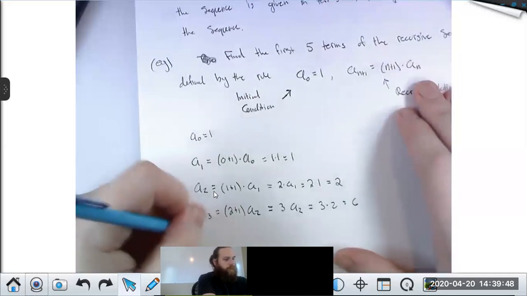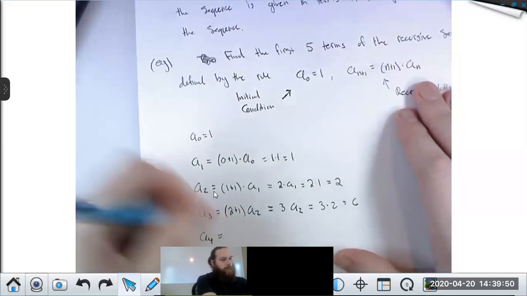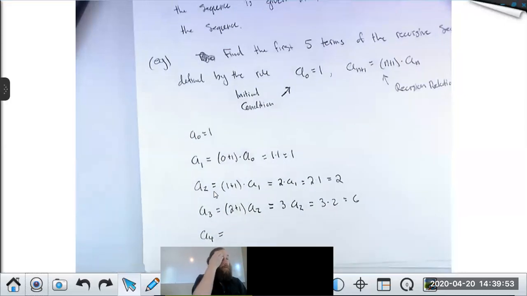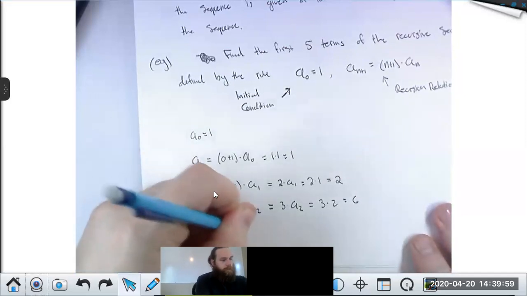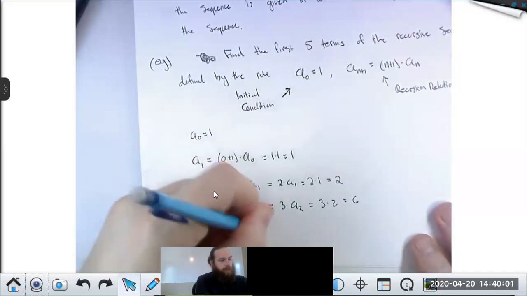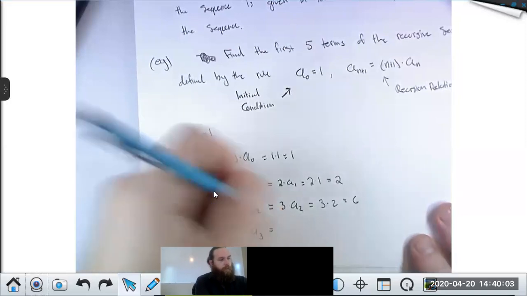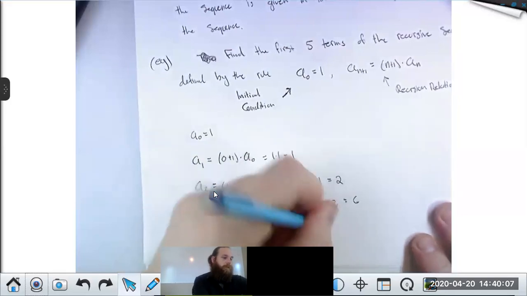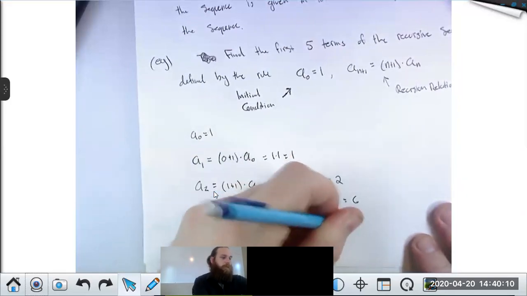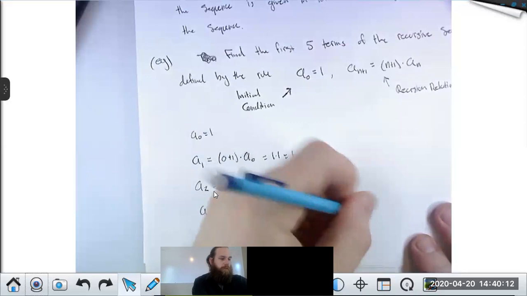And a4, I was asked to find the first 5 terms, so a0 through a4, that's the first 5. I would find by plugging n equals 3 into my recursion relation, I find that that's 3 plus 1 times a3. 3 plus 1 is 4, so this is 4 times a3, which is 4 times 3 times 2, or 4 times 6, which is 24.